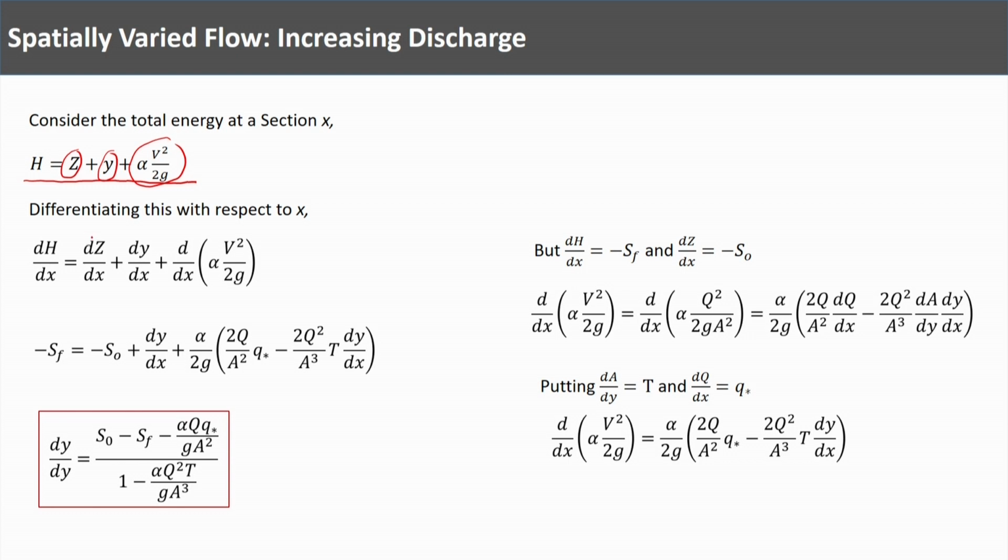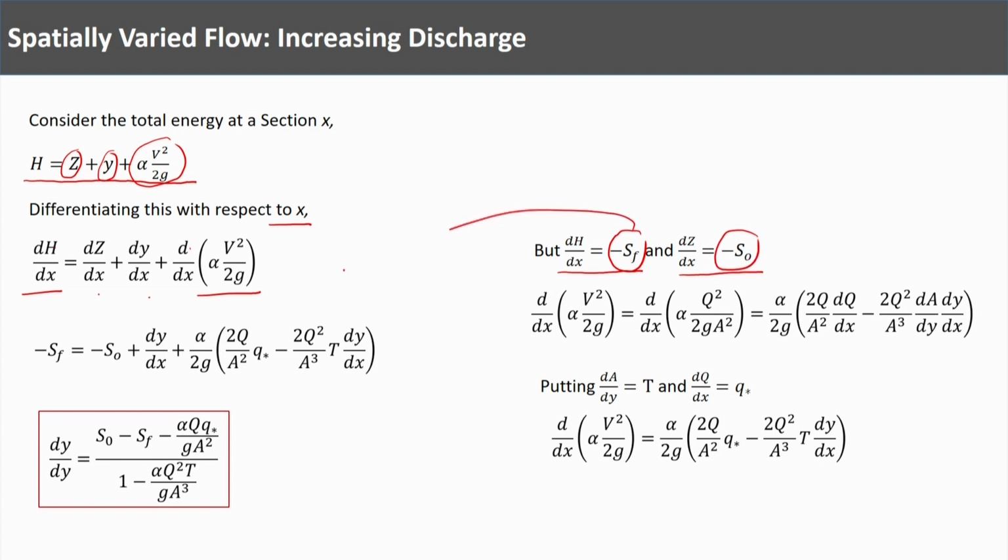Now if I differentiate with respect to x, dH by dx equals dz by dx plus dy by dx plus d by dx of alpha v square by 2g. In that case dH by dx is minus SF and dz by dx is minus S naught.